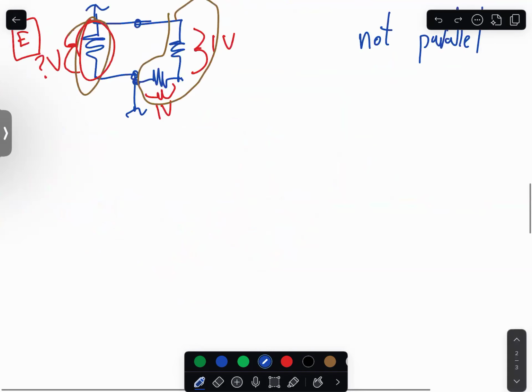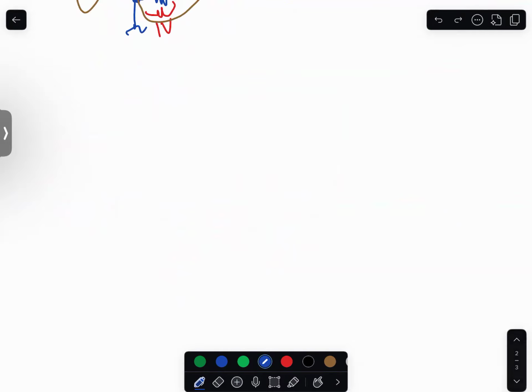Okay, now, series and parallel addition rules. I gave you formulas at the beginning. Let's apply these. I'm going to give you some examples here.